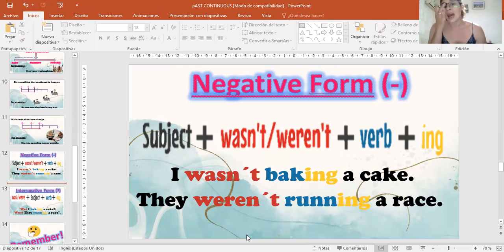Then I have the presence of a main verb, which determines the action that is happening in a sentence, plus the ing form attached to this verb. For example, taking the example I used before, I wasn't baking a cake, or they weren't running a race.